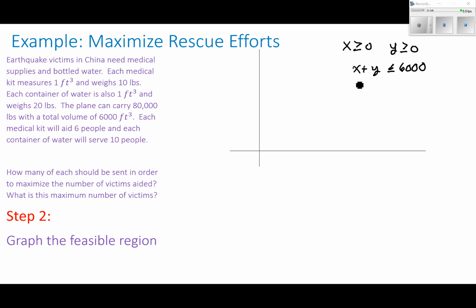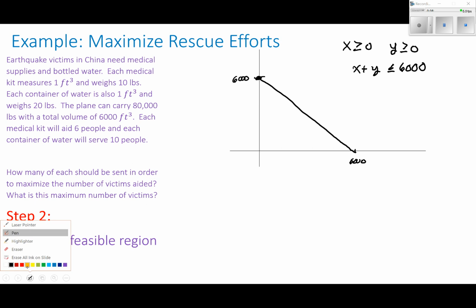If I said my x was 0, then y would be 6,000. So if I'm up here at 6,000, that's going to be a point. If I set y equal to 0, then x has to be 6,000. So that's down here at 6,000. I could graph this line. It's going to be a solid line because it was less than or equal to.